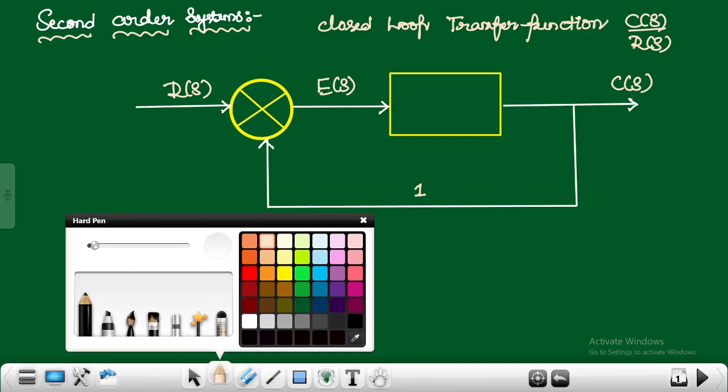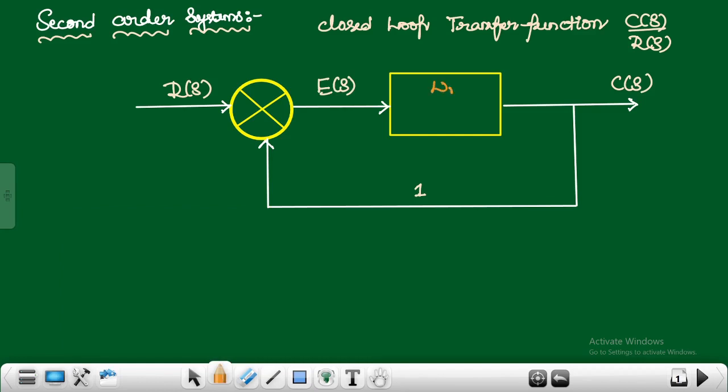Whenever you consider the standard form of the second order system, here we can write in this box G of s equals omega n square divided by s into s plus 2 zeta omega n. So this is the system.